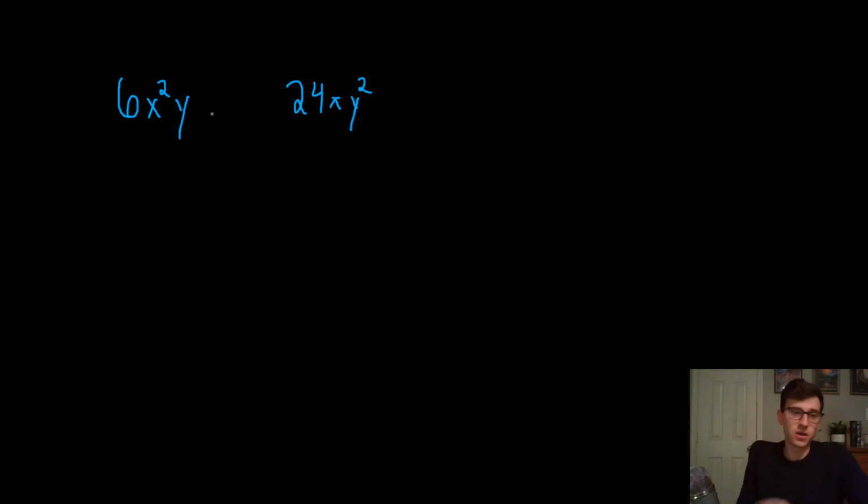Here's how I think about it. I think about this in 3 different parts. First, I want to look at what is the GCF of 6 and 24. Then, and this is like terms, right? I want to find my like terms and find the common factor between all my like terms.